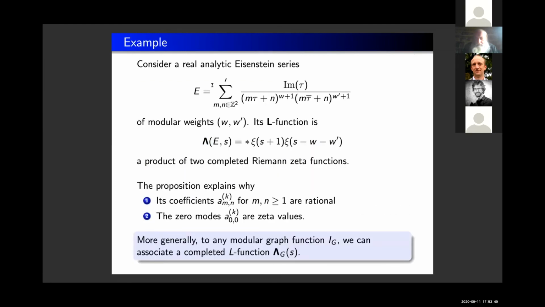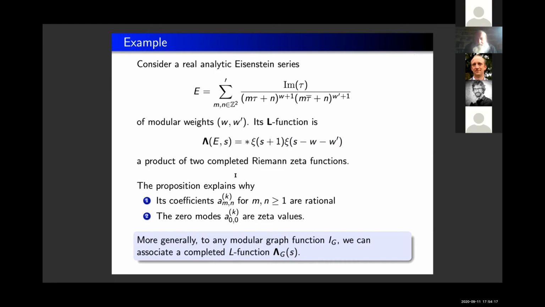So here's an example. Let's look at a real analytic Eisenstein series. I like to take it with different powers, W and W prime here. Classically, you take W equal to W prime, but it can be a bit more general. This has modular weights W, W prime, and it turns out that its L function is a product of two Riemann zeta functions.